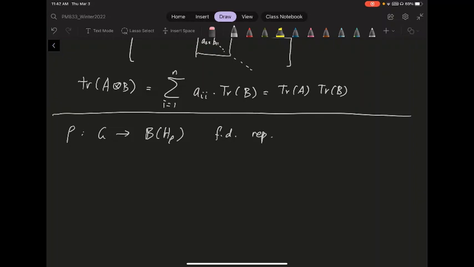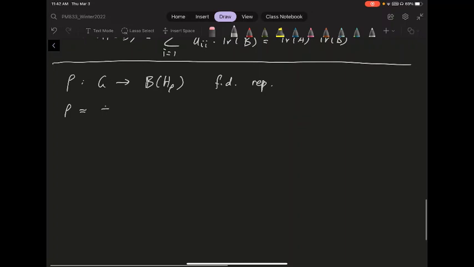Because G is compact and you have a finite dimensional representation, it's going to decompose into a bunch of irreducible ones. So let's say rho is basically a direct sum of some k_i times pi_i, where i goes from maybe 1 to say L. Okay, all of these pi_i are distinct irreducible finite dimensional representations, of course, because your rho is finite dimensional.